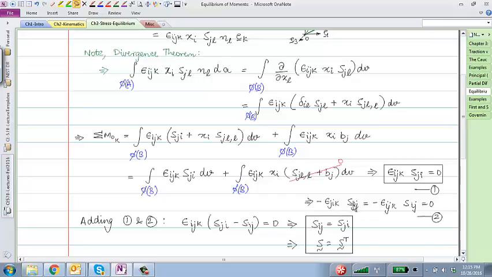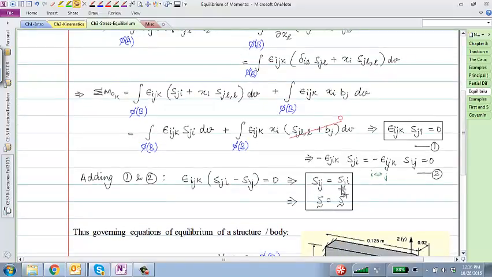Now I'll do an exchange between i and j. I will replace j with i and i with j. So the sign should not change. And what I get is epsilon ijk S_ij equal to 0, and negative because of this negative. So since I have these two equations, if I add them together, epsilon ijk would come out, and I would get S_ji minus S_ij equal to 0, which simply says that S_ij is equal to S_ji.